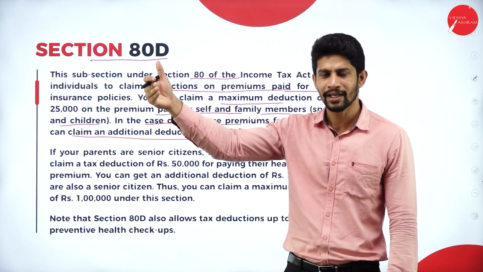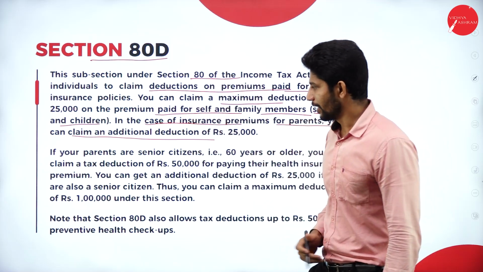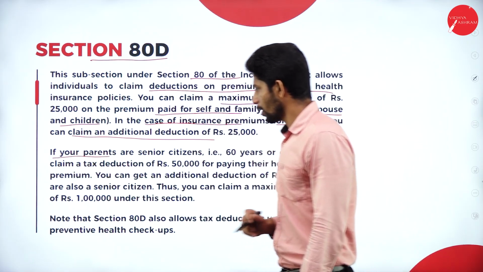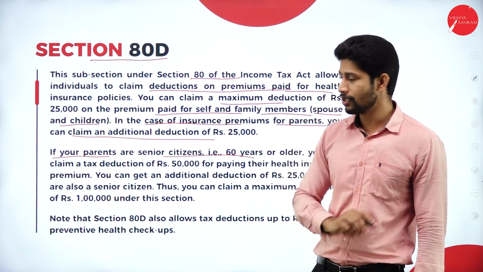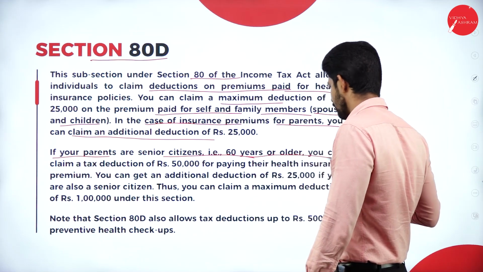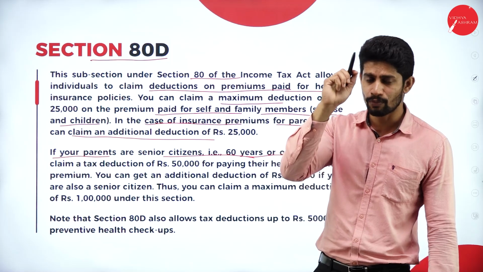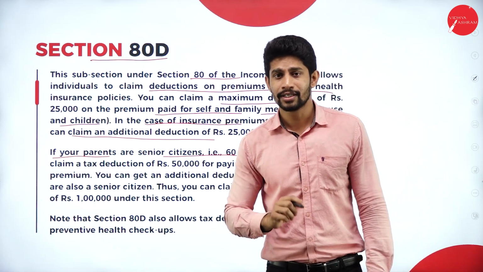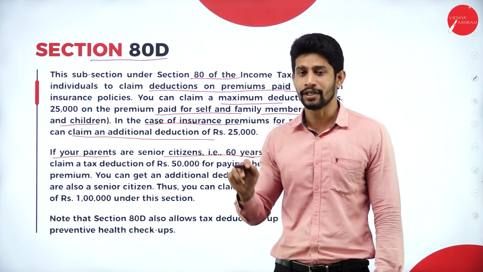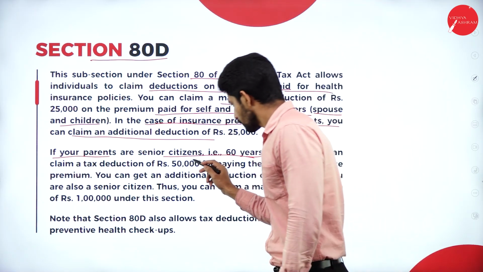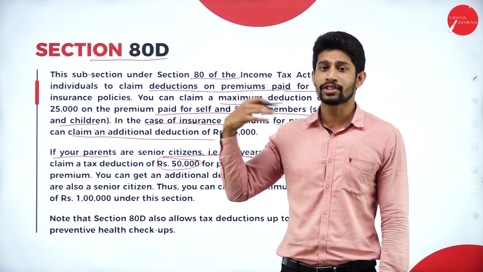Next, if your parents are senior citizens, that means their age is more than 60 years, you can claim up to rupees 50,000 as health insurance every year. So for your parents 50,000 and for you 25,000, you can claim 75,000.